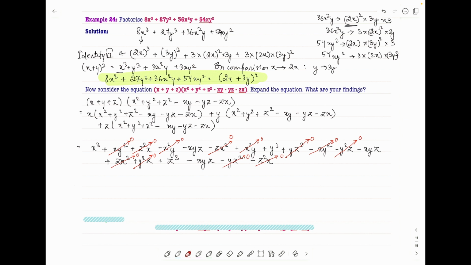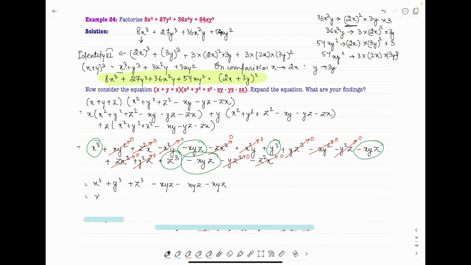So what terms are remaining? x cube, minus xyz, y cube, another minus xyz, z cube, and another minus xyz. So we get x cube plus y cube plus z cube minus 3xyz. On solving the above equation, we find x cube plus y cube plus z cube minus 3xyz.